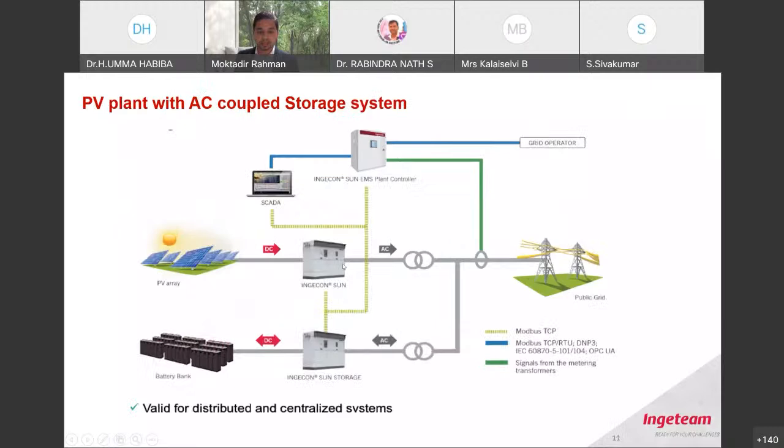So in the AC coupled solution, you have reactive power support from two inverters, one for PV and one for the battery. But the challenge is you need to add a transformer. So how cost effective would it be compared to the DC coupled solution? That could be a research question, and it needs to be identified which solution is best and cost effective.